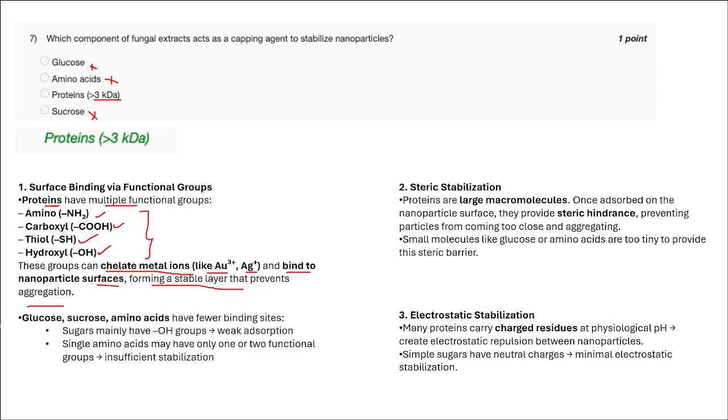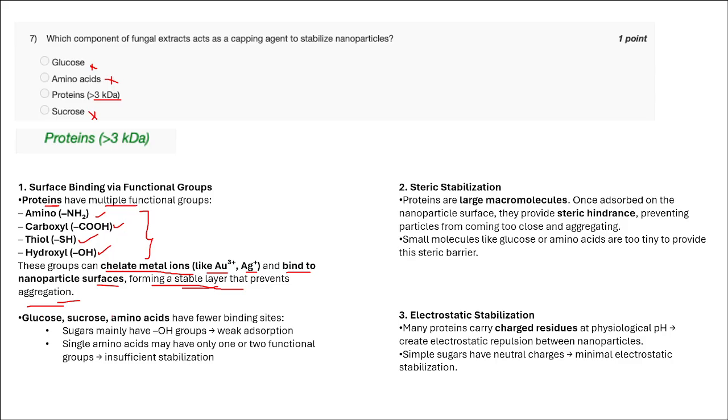As we have seen earlier also, these particular groups have special affinity towards gold and silver. They bind to the surface and form a stable layer which prevents further aggregation.